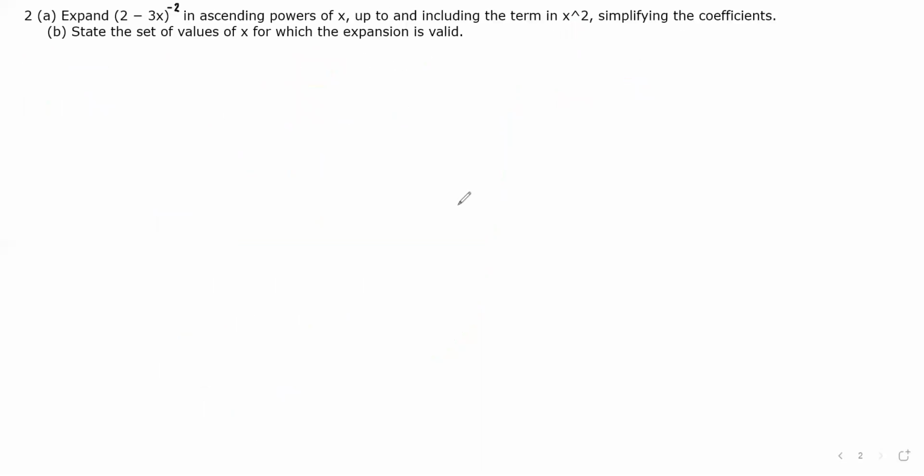Question 2, we are to expand a binomial in ascending powers of x up to and including the term in x squared, and we need to simplify the coefficients. Look at the exponent of the binomial. It is -2. So we look at the expansion of a general binomial: 1 plus x to the n is 1 plus nx plus n times n minus 1 over 2 factorial x squared, and so on.